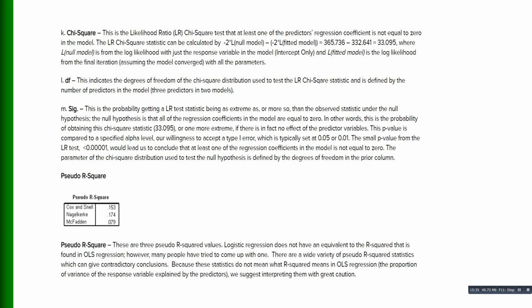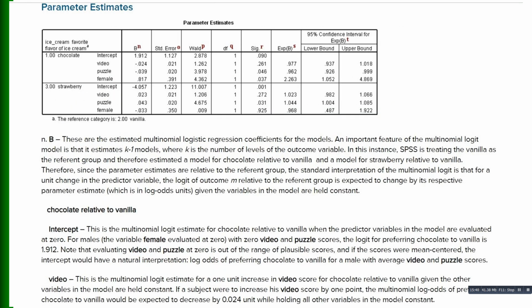So here are the parameter estimates, and in this model you see in this column there is B. Now B, these are the coefficients. This is the coefficient of the intercept, this is the coefficient of the video, this is the coefficient of the puzzle, and this is the coefficient of the gender, and this is for chocolate relative to vanilla.